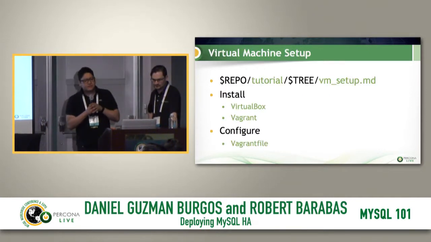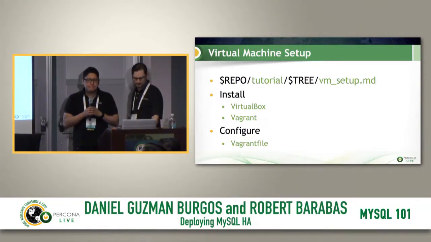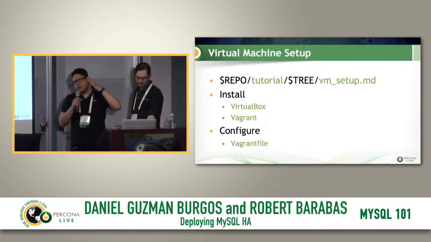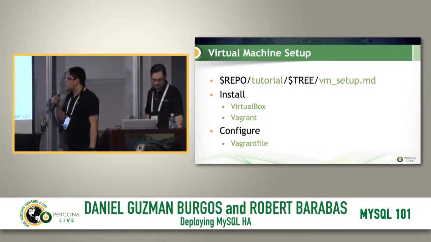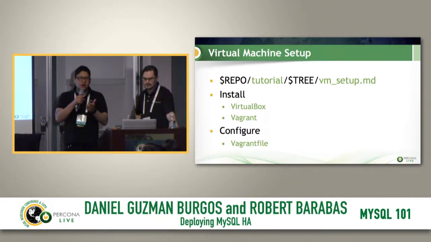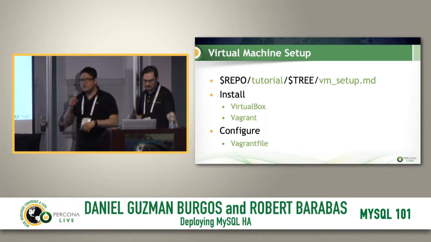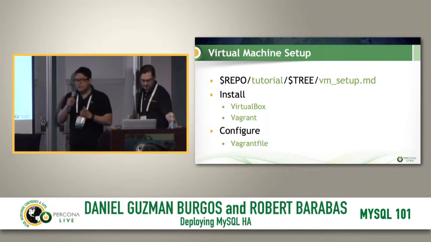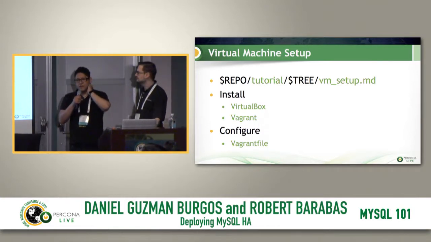Okay, let's start with virtual machine setup. For the ones who don't know, we're using something called Vagrant. Vagrant is like a wrapper around VirtualBox, AWS, virtualization tools. For this case, we are using VirtualBox.